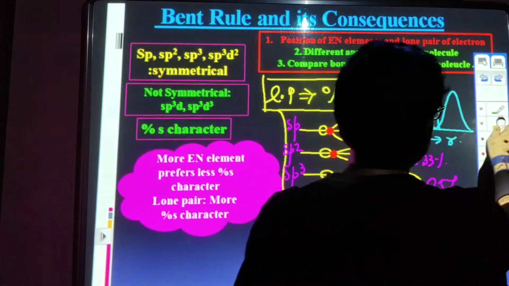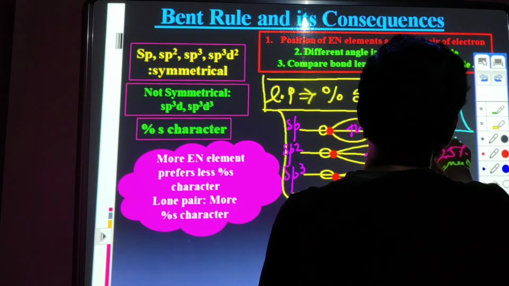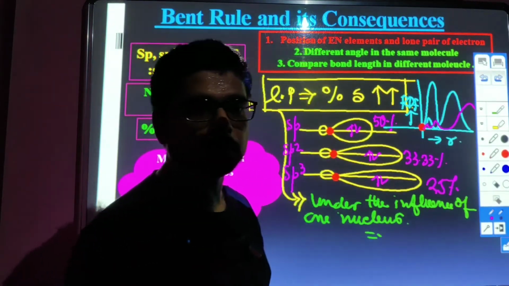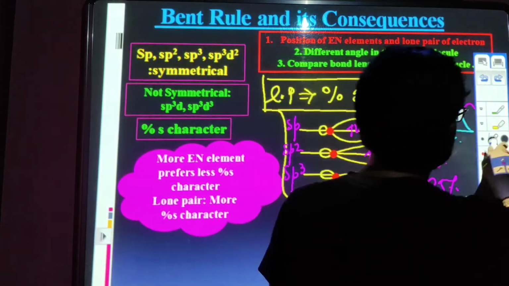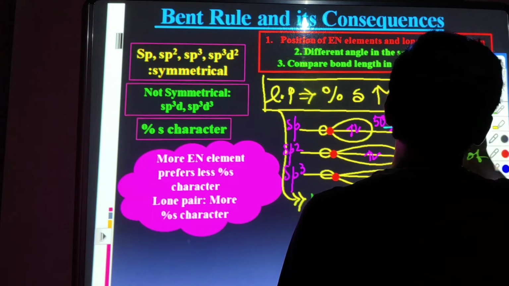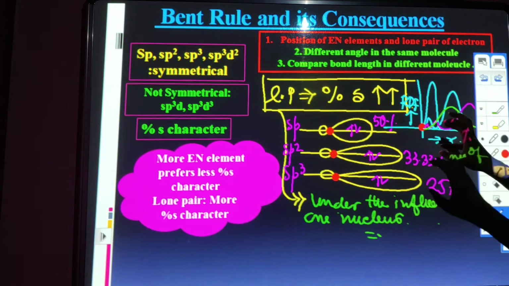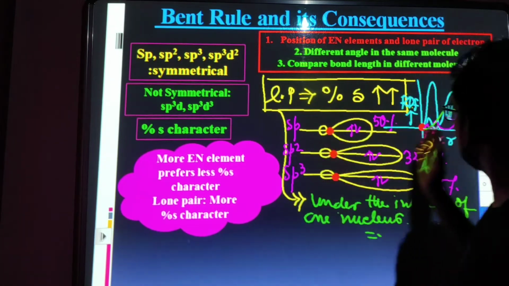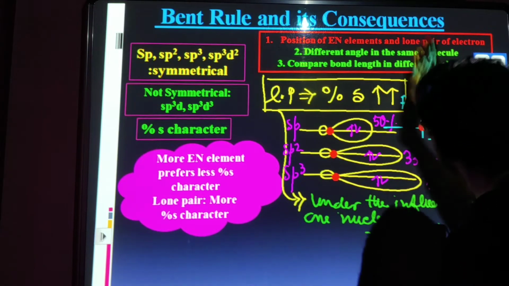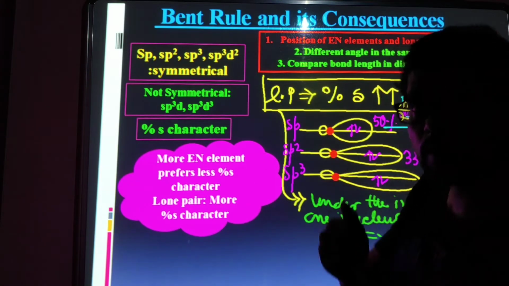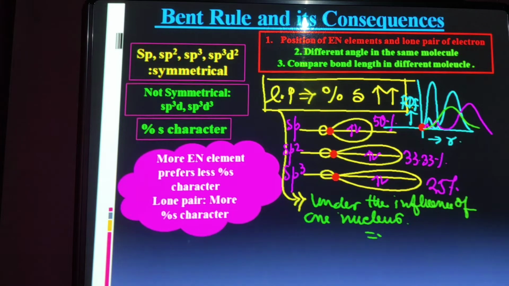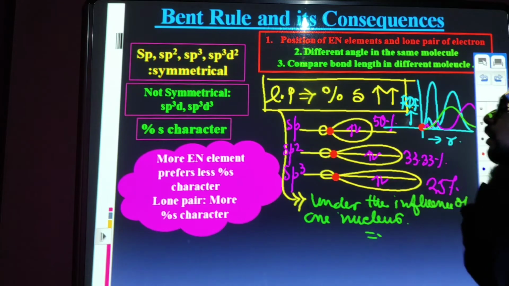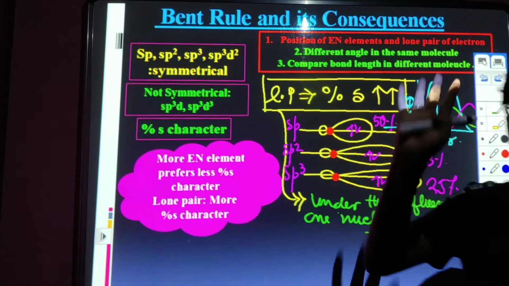In case of 3s, it's something like this. However, for p orbital, it will be like this. So near the nucleus, the probability of finding an electron will be maximum for s orbital, not for p or d or f orbital. So the lone pair will be happy with a more percentage of s character based orbital.